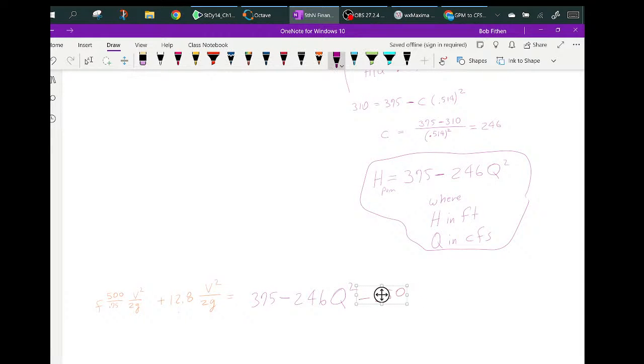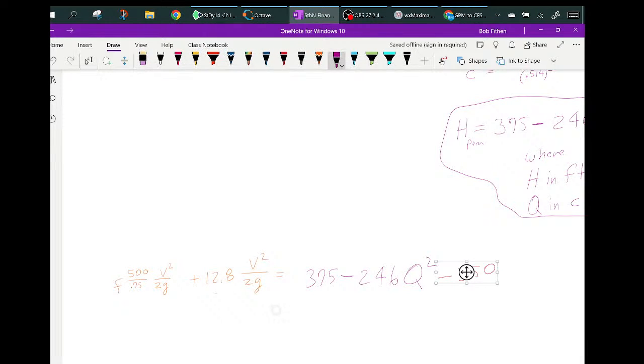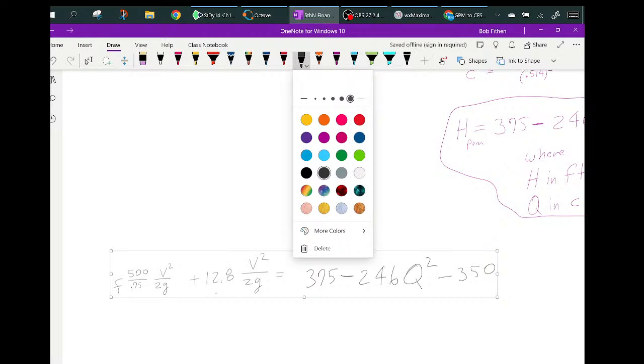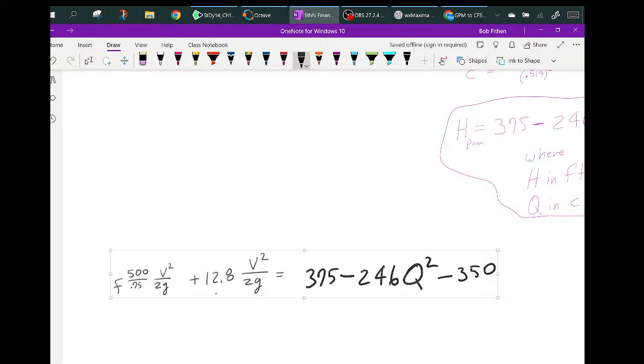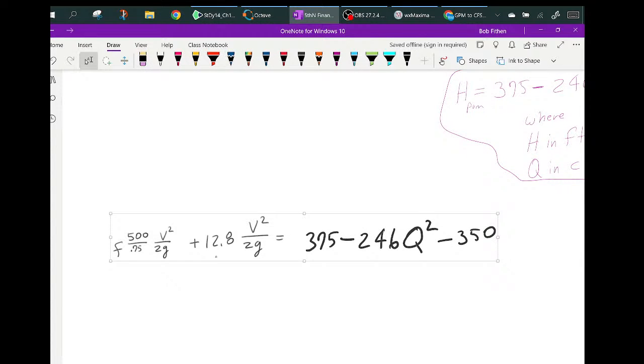Now, I want you to take a look here. This is a very important thing to consider. There's my equation. What do you find interesting about that? What you find interesting is that it's a very well behaved equation.